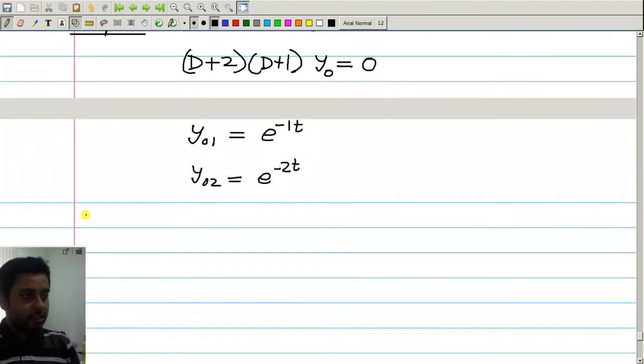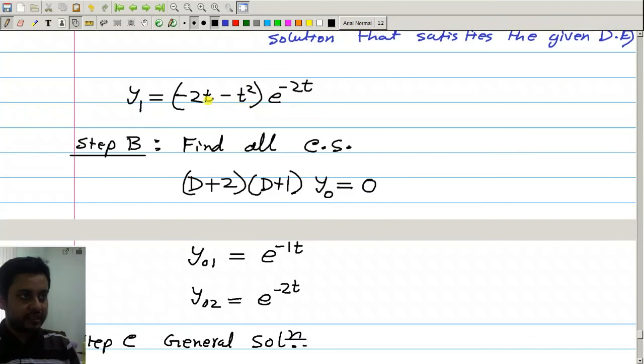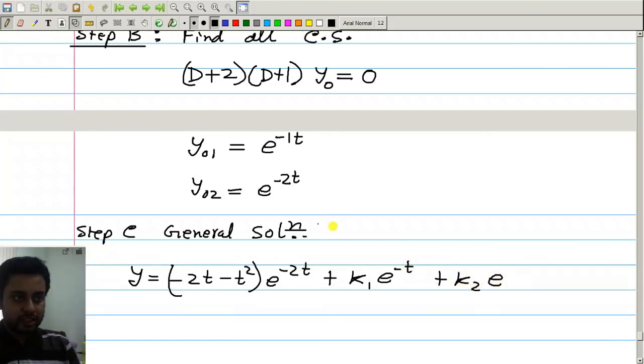So the general solution will look like y equal to y1, where y1 is here, plus k1 y01 plus k2 y02.